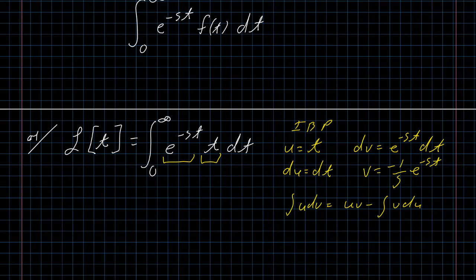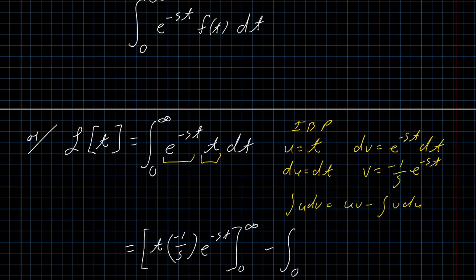So in this particular case, we have u times v, t times negative 1 over s times e to the minus st, evaluated at 0 and evaluated at infinity, minus the integral from 0 to infinity of v, which is minus 1 over s, e to the minus st, times du, which is just dt.